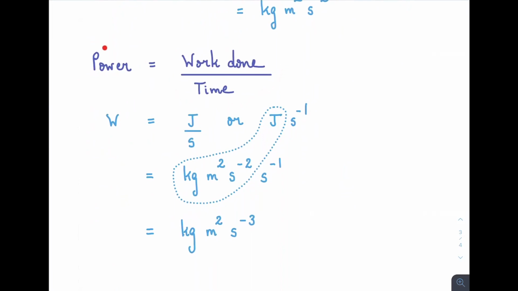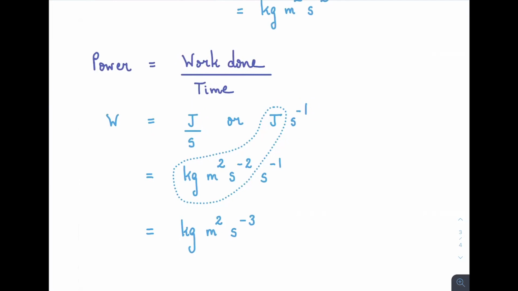As we know, power has as units watts, symbol capital W. And if we try to express these in terms of base units, we start by work done, which is in joules, divided by time, which is in seconds, or in index notation, we write it as joules multiplied by second to the power of -1.